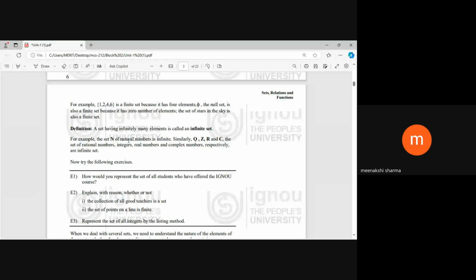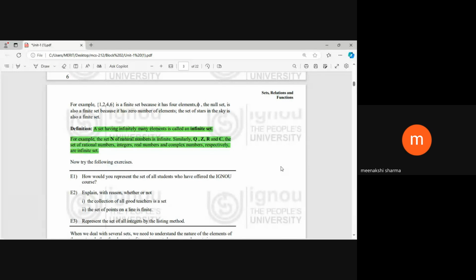Then infinite set. Infinite sets are like natural numbers, real numbers, complex numbers. These are all infinite sets. Read this definition. Infinite sets, students: rational numbers, integers, real numbers, complex numbers.